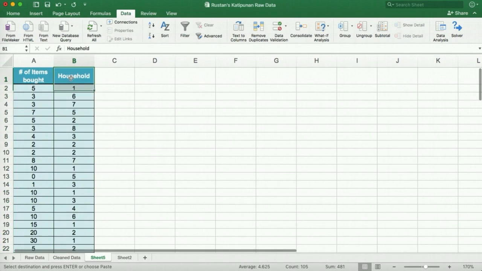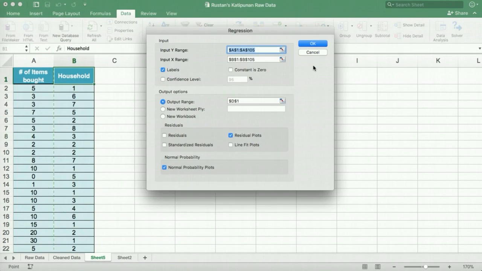So now that I have the data prepared, I can perform simple linear regression. So my y should be the number of items bought. Number of people in the household is my x. Labels is checked. Output range is also this area, D1. And I also have the residual and normal probability plots.